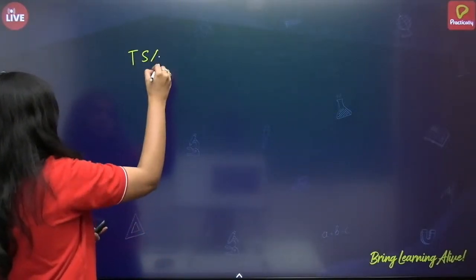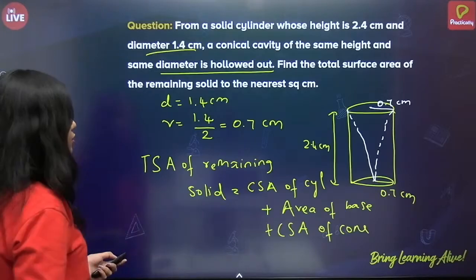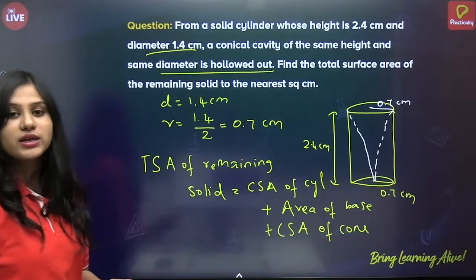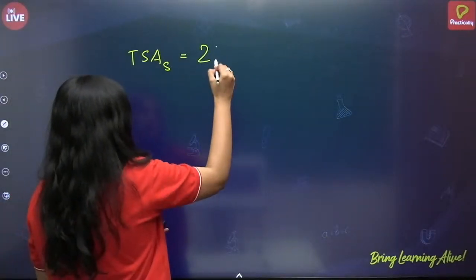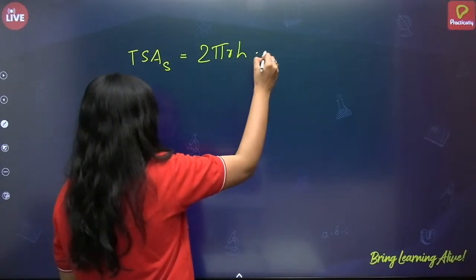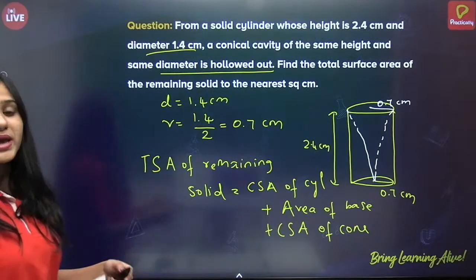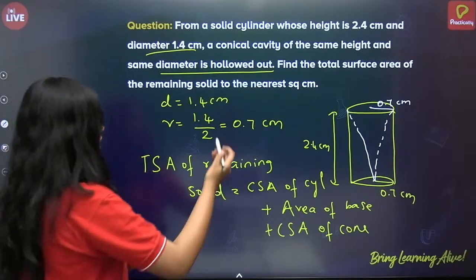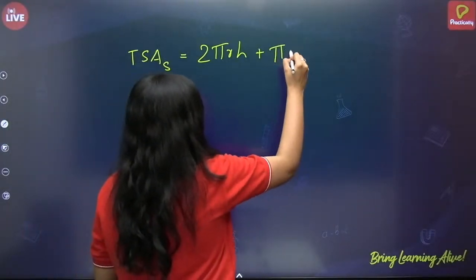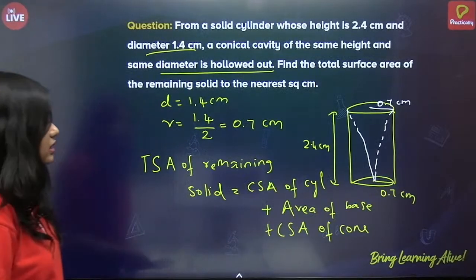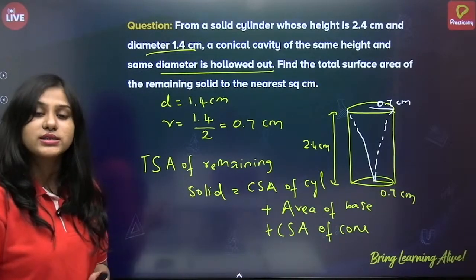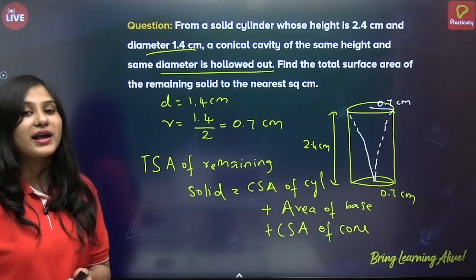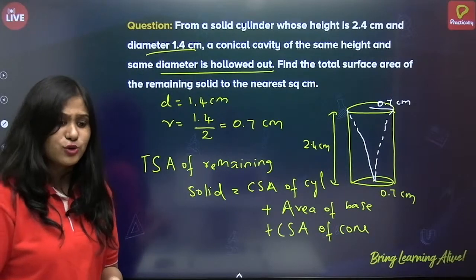So it will be TSA of solid is equals to, what is CSA of cylinder? 2 pi r h. 2 pi r h plus area of the base circle, that is pi r square. Pi r square. Next, CSA of cone. What is CSA of cone again here? Pi r l. And do we have the value of slant height?